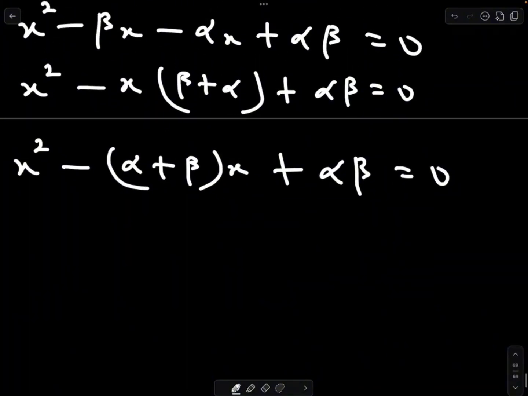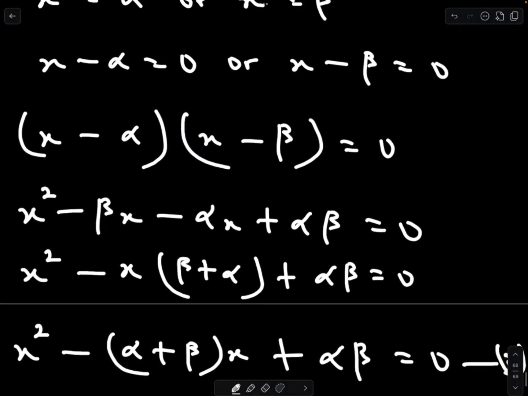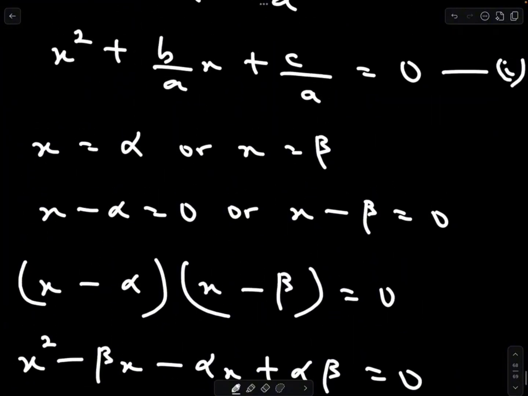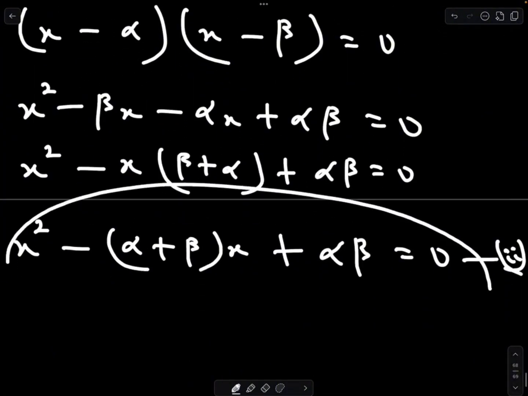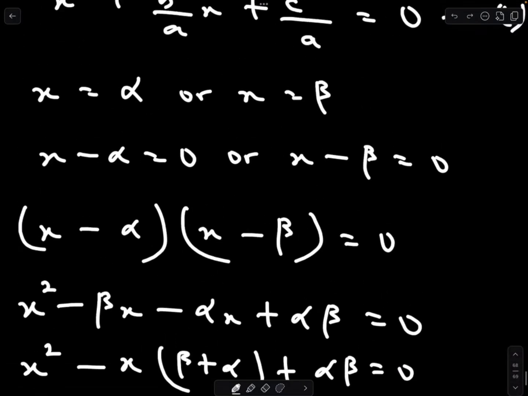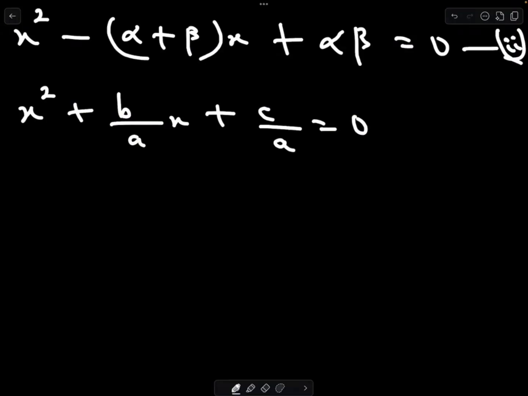Now if I call this equation 2, I now want to compare equations 1 and 2. This is equation 1 and this is equation 2. If I compare the two equations, equation 1 is x squared plus b over a x plus c over a equals 0.